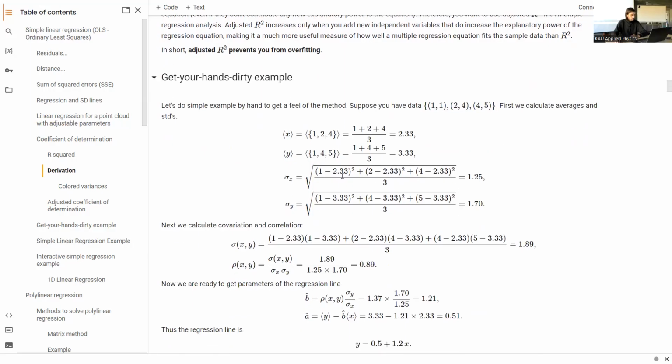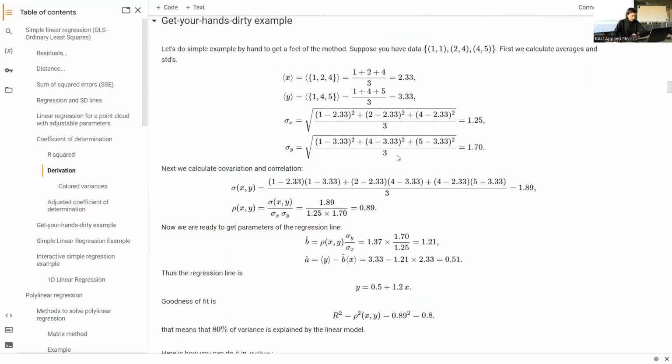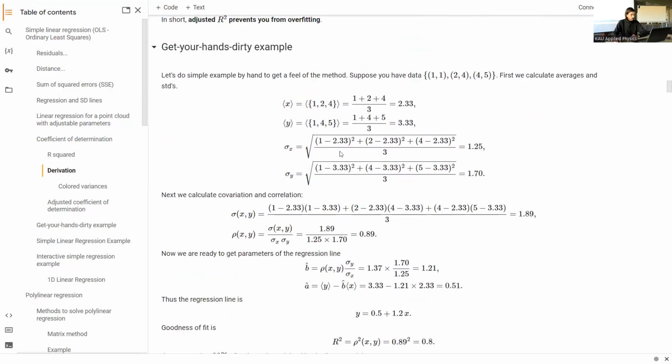Okay, here is an example. Once again, not getting into that, just a calculation of a regression line on 3 points. So you have 3 points, you have coordinates for x's and y's. These are the 3 points: (1, 1), (2, 4), (4, 5).